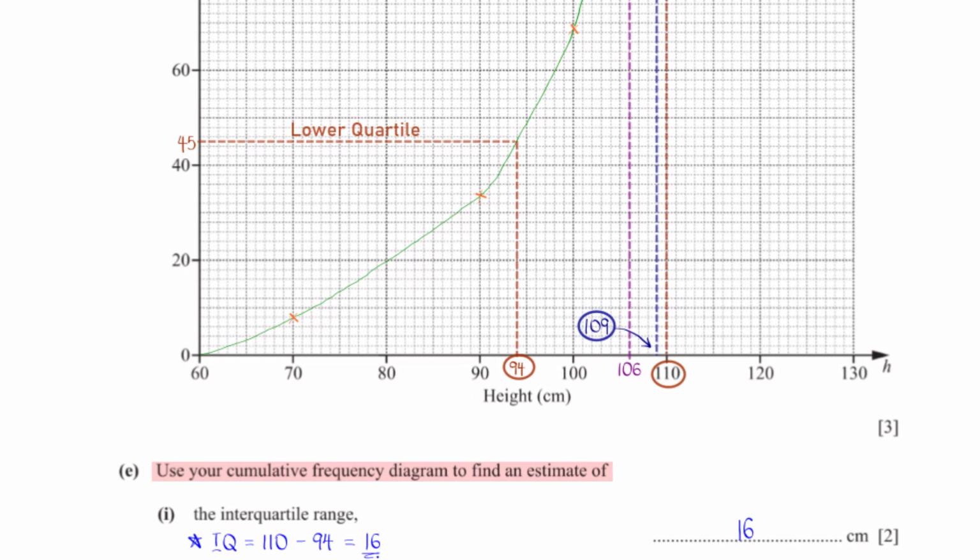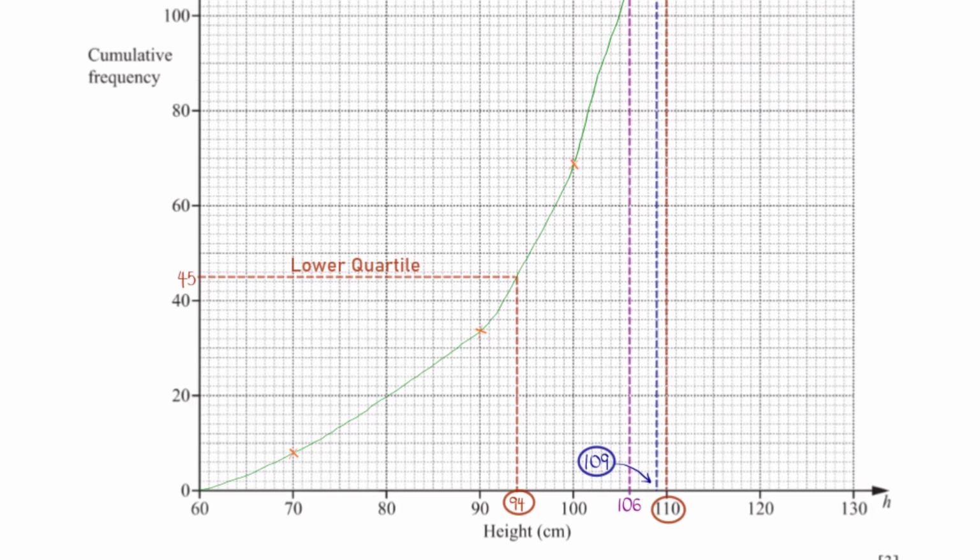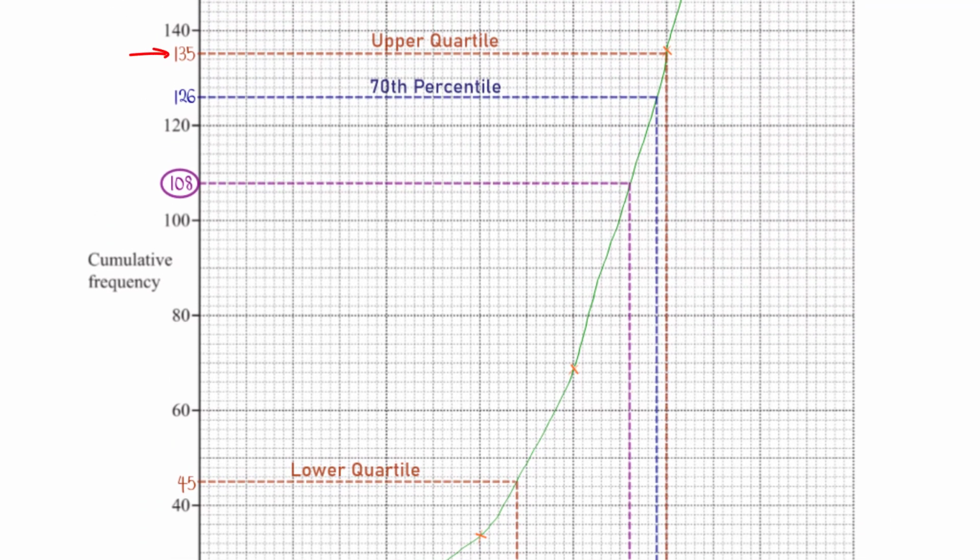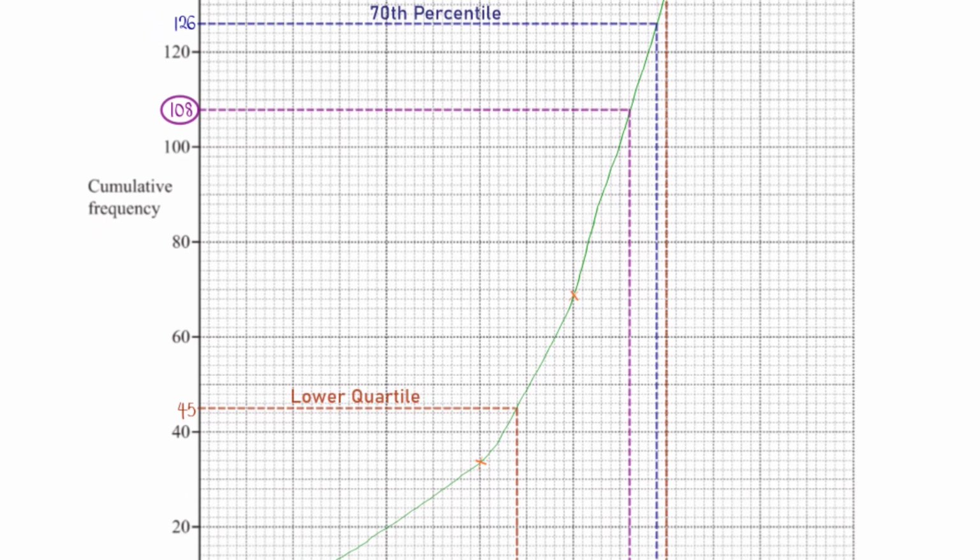Use your cumulative frequency diagram to find an estimate of the interquartile range. The interquartile range is equal to the upper quartile minus the lower quartile. To get the upper quartile, we map 3/4 of 180, which is 135, on the cumulative frequency diagram.